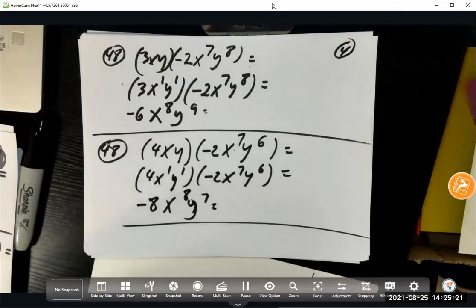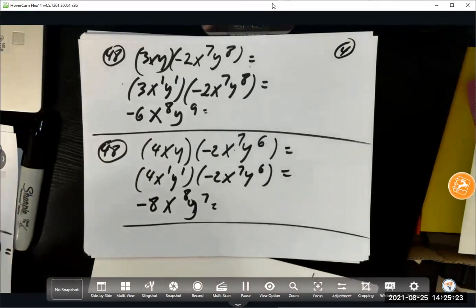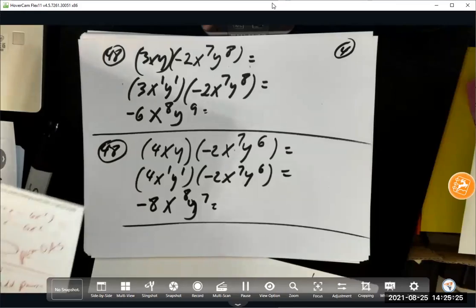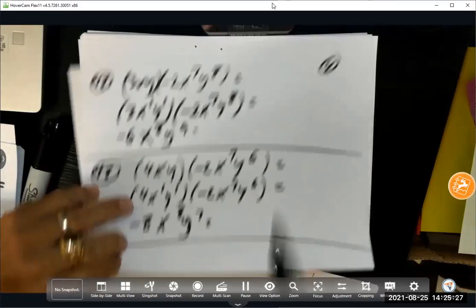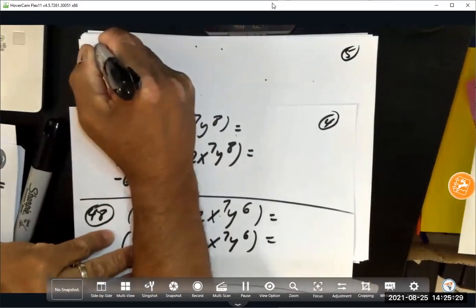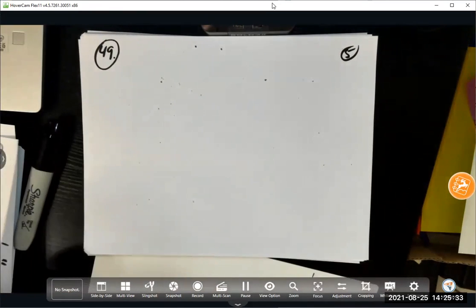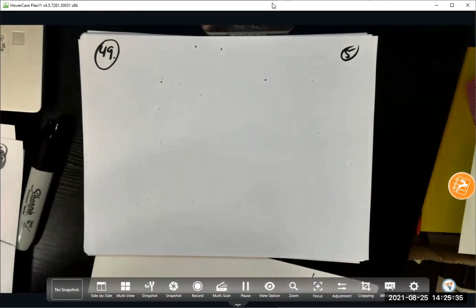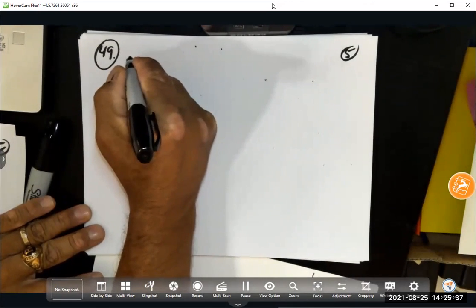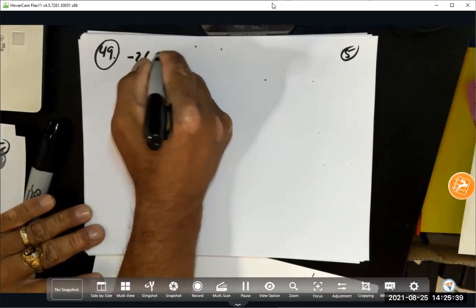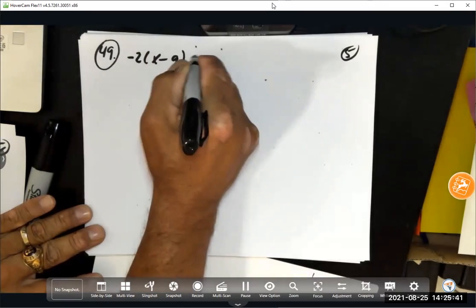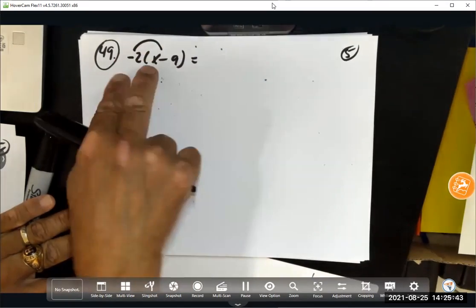Yes. All right, so let's go to 49 then. Number 49, it says negative 2x minus 9. So negative 2 times x, what do you think that is?